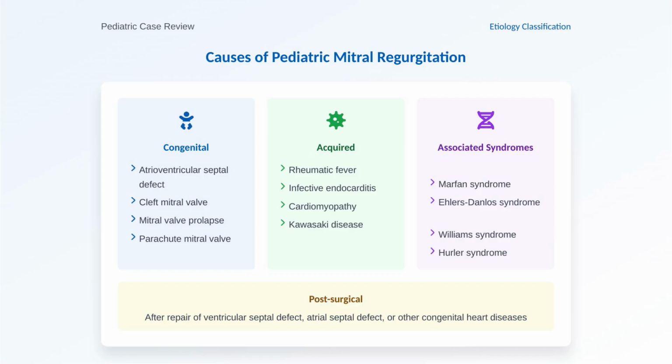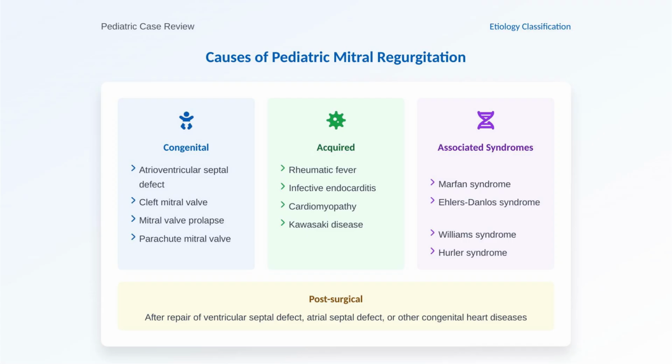Congenital causes include structural abnormalities present at birth, such as atrioventricular septal defects, cleft mitral valve prolapse, and parachute mitral valve. Acquired causes develop after birth and include rheumatic fever, which remains a significant global health issue, infective endocarditis, cardiomyopathy, and Kawasaki disease.